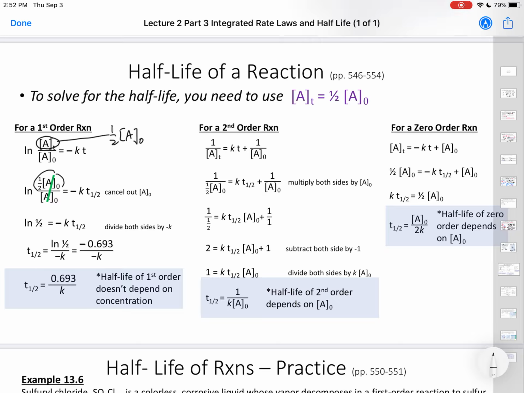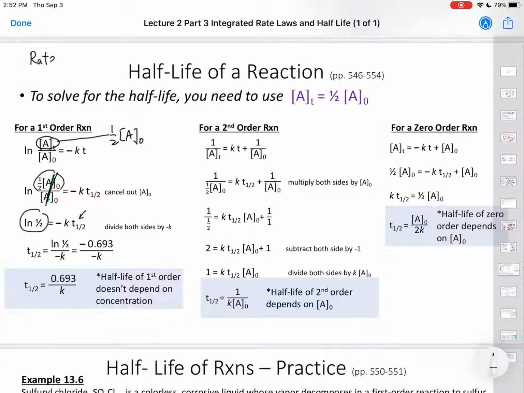That's what we've plugged in here. When you do that, you can cancel out the two A of zeros. This simplifies to ln of 1/2 equals minus k times t 1/2. The t is not t, it's t 1/2. Really, it just means it's a variable. The 1/2 is not multiplied or anything like that. It's just t at 1/2.